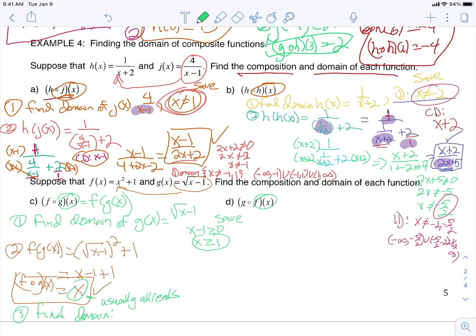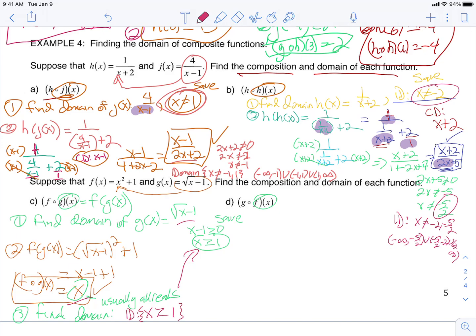However, for the previous work I did up here, I know that x has to be greater than or equal to 1, and it has to be the combination of both of these. And so by the combination of both of these, my answer is x is greater than or equal to 1. So that's my domain.